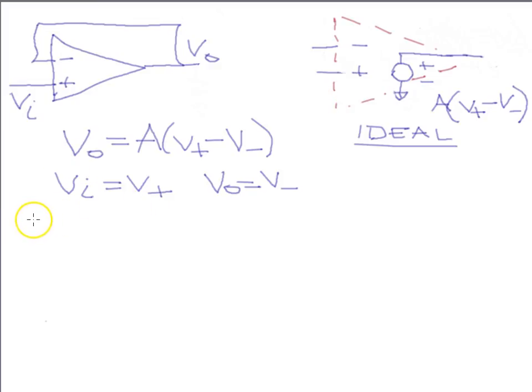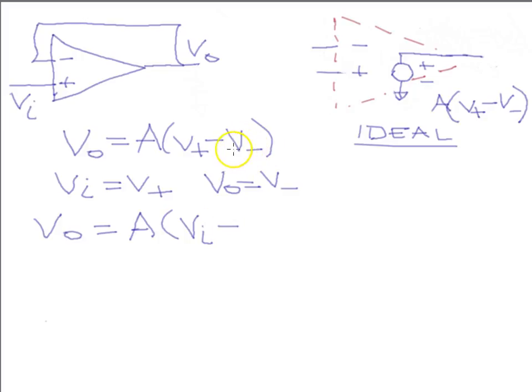So my output voltage is the gain multiplied by V plus, but V plus is the input voltage VI. So substitute that in.